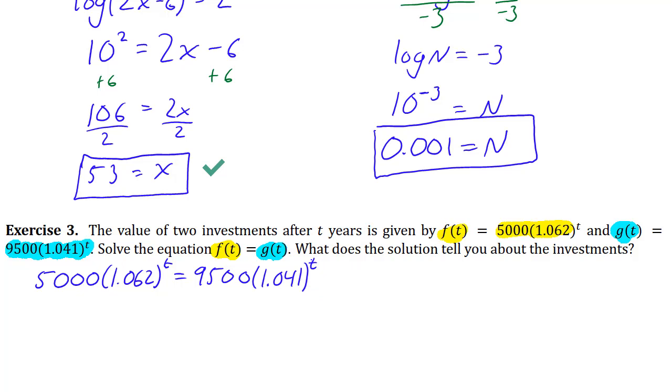Now, let's divide both sides by 5,000. To cancel that out, you'll get 1.062 to the t here. 9,500 divided by 5,000 is 95 over 50, which comes out to be 19 over 10, I think, or 1.9.